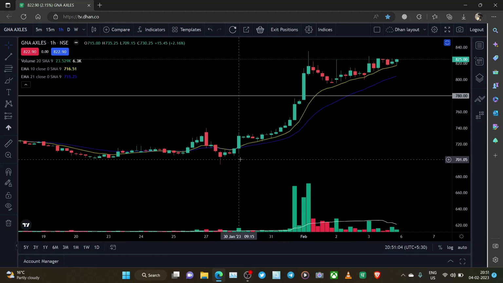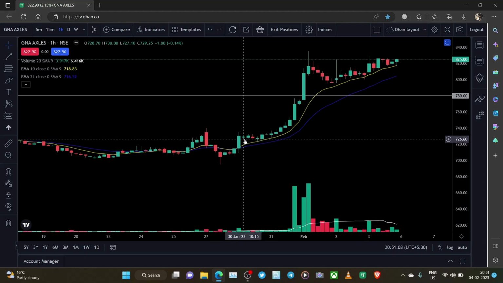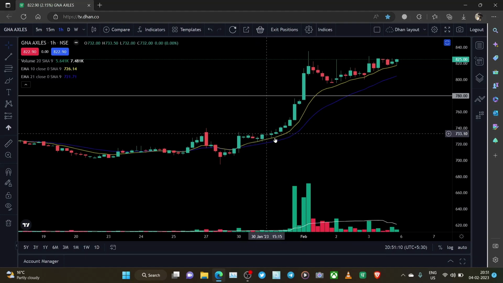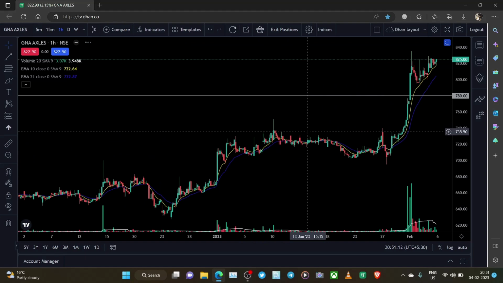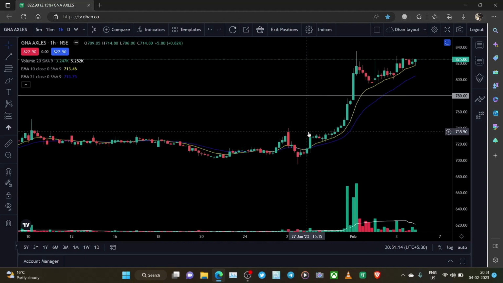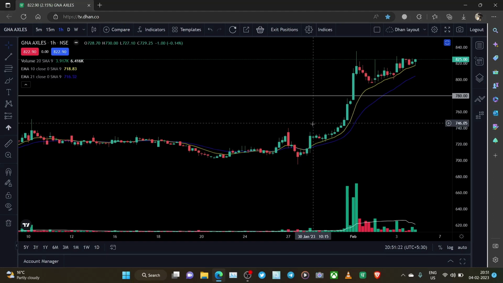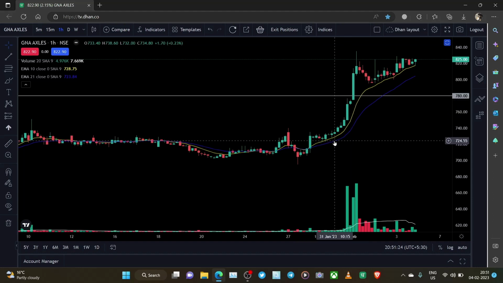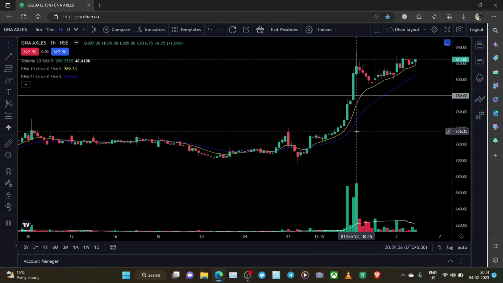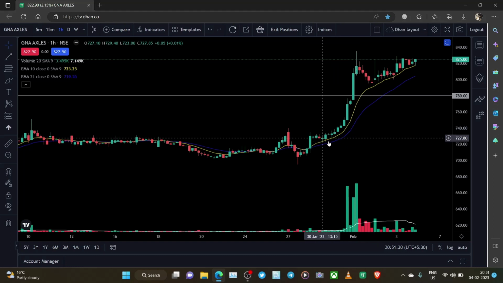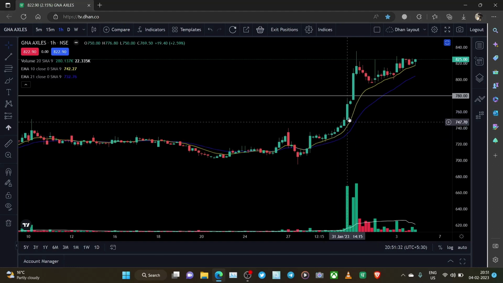On the hourly frame, what I've seen is this: every green candle is forming with very low volume near the resistance. What this indicates is that this is going to blast very loud, and when it blasts, it will hardly give any entry point to anyone who wants to enter. You can see nothing has ever come below the 10 EMA.